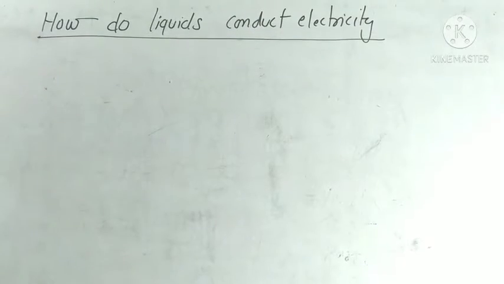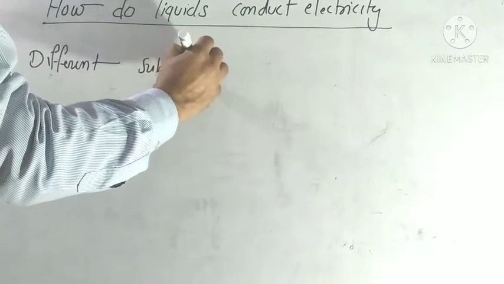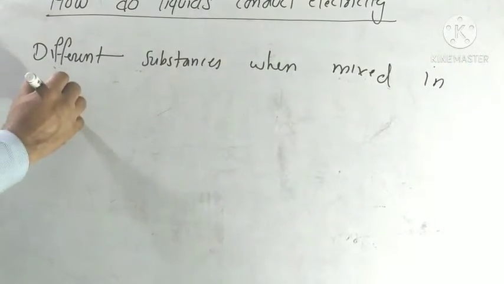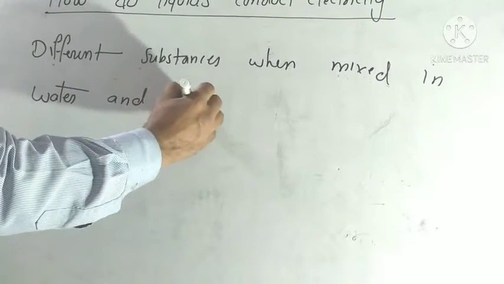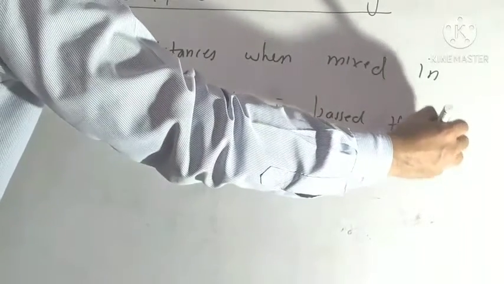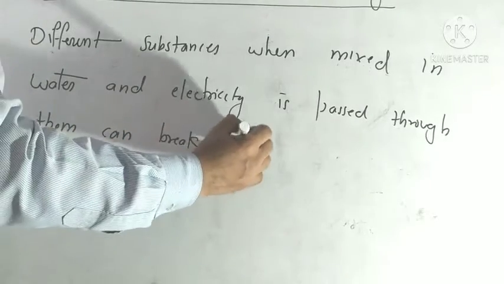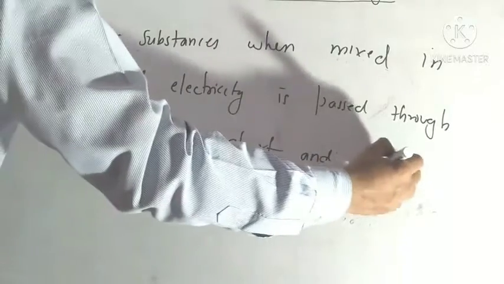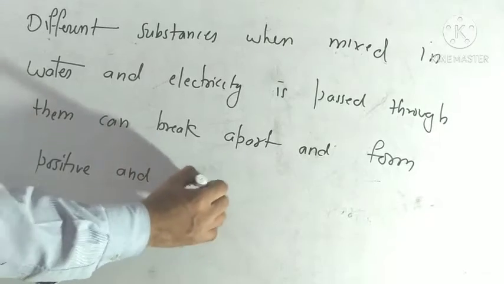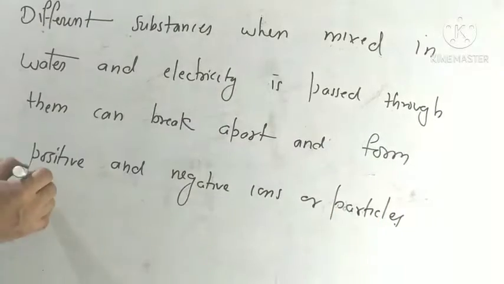So different substances, when mixed in water and electricity is passed through them, can break apart and form positive and negative ions, or particles, in the water.